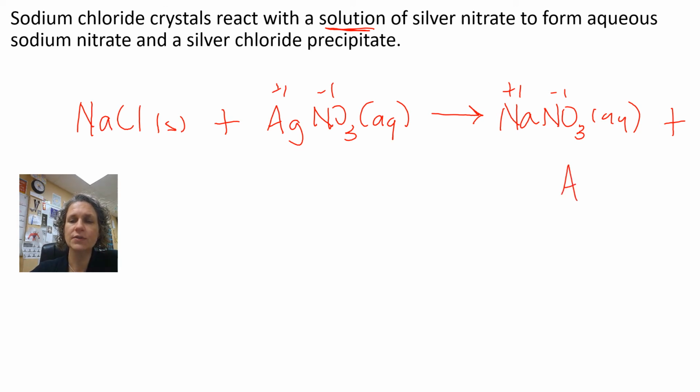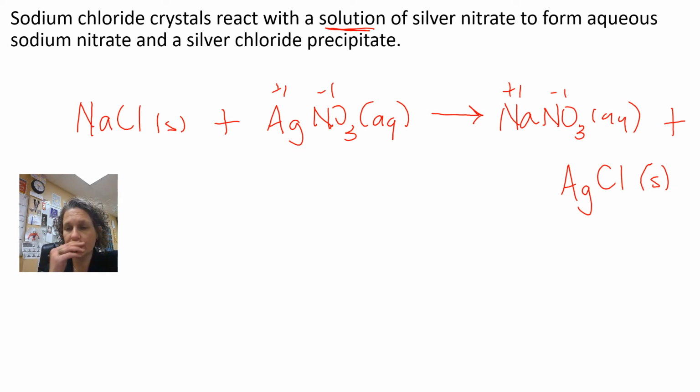So Ag for silver, +1, Cl for the chloride, -1. So +1, -1 again. So I don't need to add anything else. And the precipitate part, that is another fancy word for solid. Okay? So that one is all good as far as getting it written.